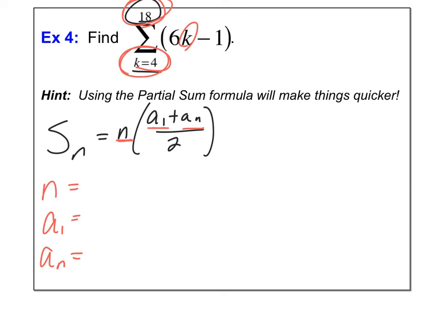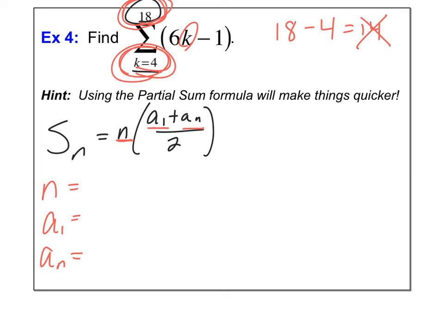So let's figure this out. The n number of terms, we say, okay, if we start at 4 and we end at 18, that means we had 18 minus 4 equals 14. No. What I want you to think about is if you were to count beginning at 4 and ending at 18, you would actually be going up by 15.